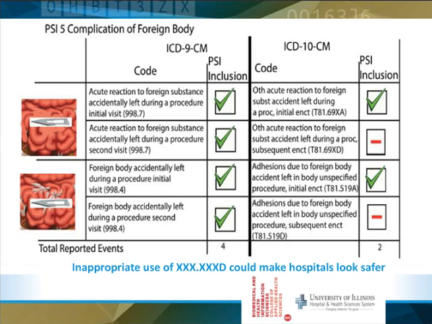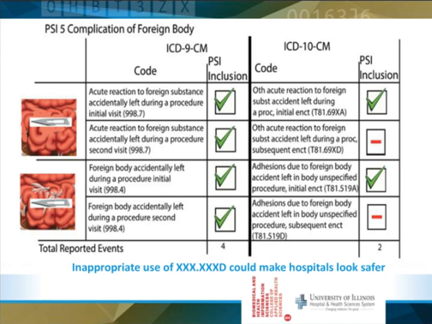However, in ICD-10-CM, you have the concept of A and D, initial encounter and subsequent encounter. The subsequent encounter is not included as part of the PSI calculation. So if the purpose of the visit is to diagnose and treat the adhesion of foreign body, you're supposed to use initial encounter. If you use subsequent encounter, it doesn't count against you.